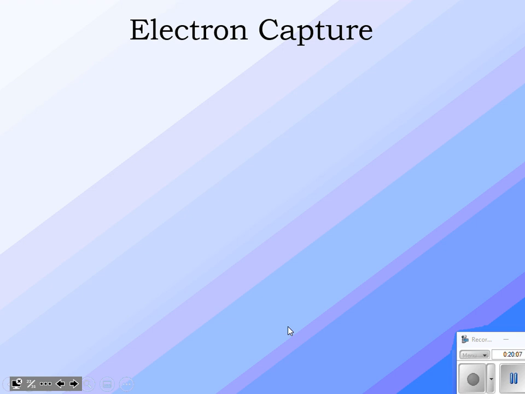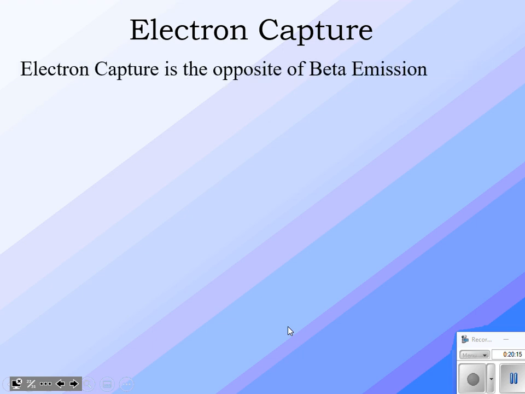Electron capture is the third type of nuclear decay we're going to talk about. An electron capture is the opposite of beta decay, of a beta emission. Remember, in beta decay, that fast-moving electron was given off.